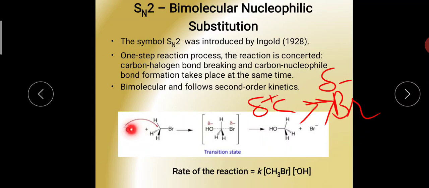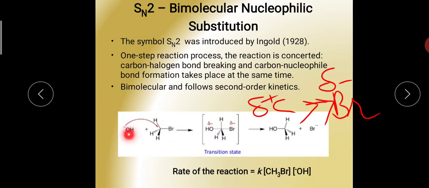Suppose this were to attack from the same side, then the electron cloud over bromine would repel the electron cloud over your hydroxyl ion. So the only possibility is that this OH minus has to attack the carbon from the rear side, and that is what happens. The OH minus attacks the carbon from the side opposite to the side of your bromine.